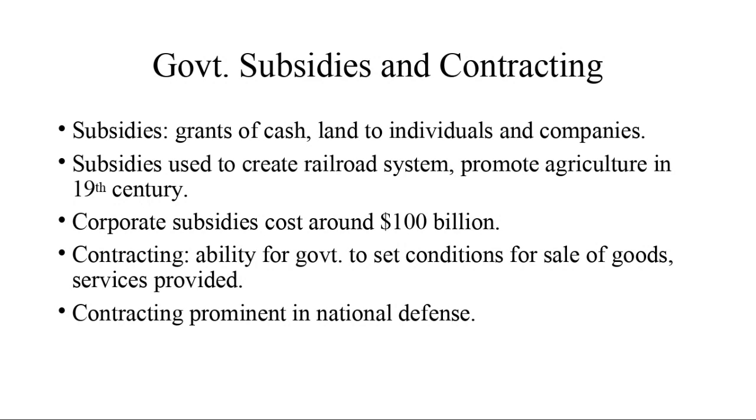When there was the promotion of agriculture, the federal government does pay a lot of money in subsidies for farmers to protect them from years when they have a bad crop, make sure they're not going to go out of business. The government also sometimes gives a tax break to Amazon if they're building a new warehouse, or if a company builds a new bank, or sets up shop in another state. So corporate subsidies cost us about $100 billion every single year.